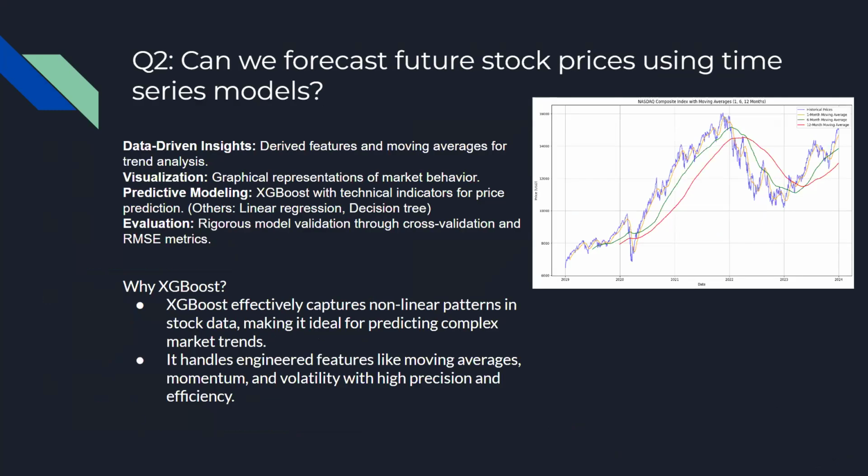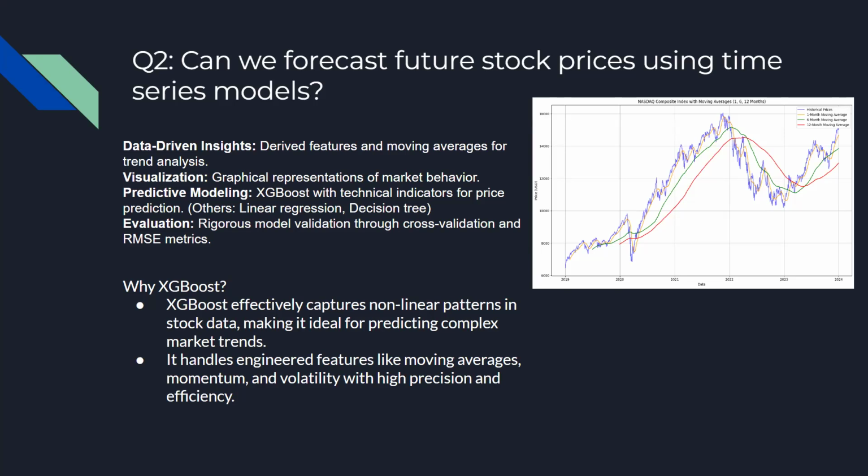So the second question we were looking into was, can we forecast the future stock prices using time series models? For this, I took an approach of a lot of feature engineering and deriving features from the data we already have. Then I visualized the graphs to see what we are looking at and understand the market behavior. Then we tried experimenting with a lot of models, but XGBoost with technical indicators for price prediction was the model that performed the best.